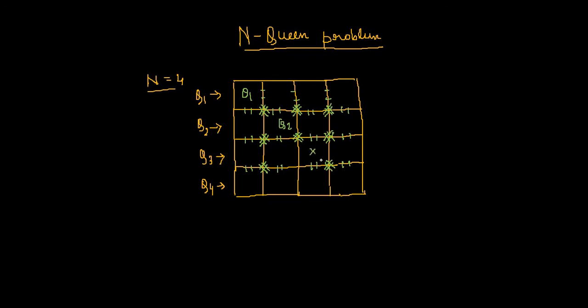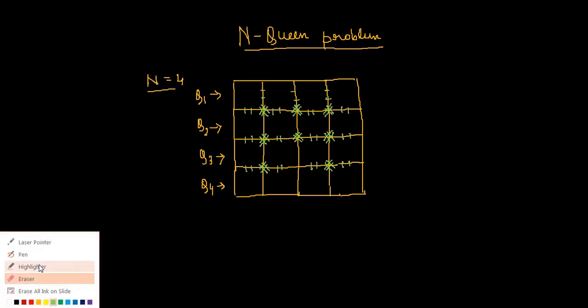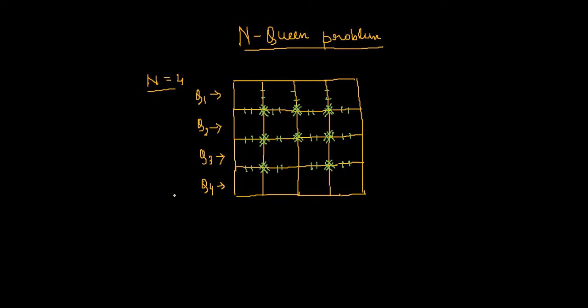This room is not possible, this room is not possible, like this. So this is an example. Now, the question is how the king will decide the exact place for each and every queen.